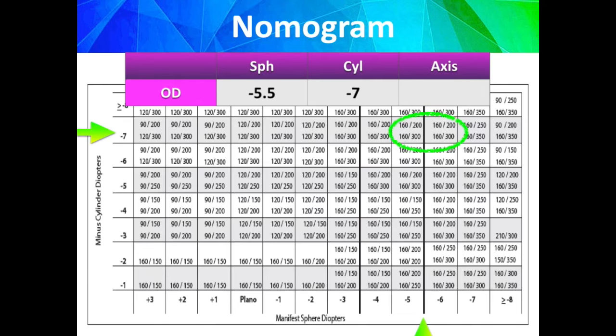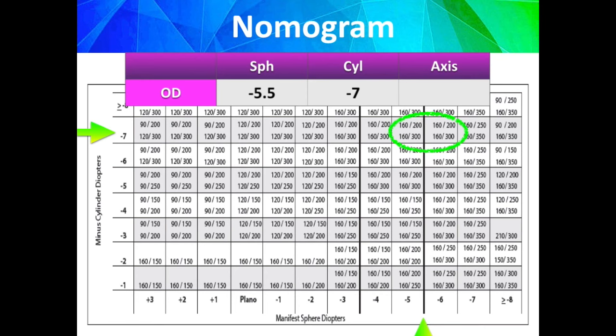This is nomogram B. As you see, the patient has minus 7 diopters cylinder and 5.5 diopters of sphere. Now, either we can go for the 5 diopters of sphere column or for the 6 diopter column. Fortunately, the measurements are just the same in these two columns.